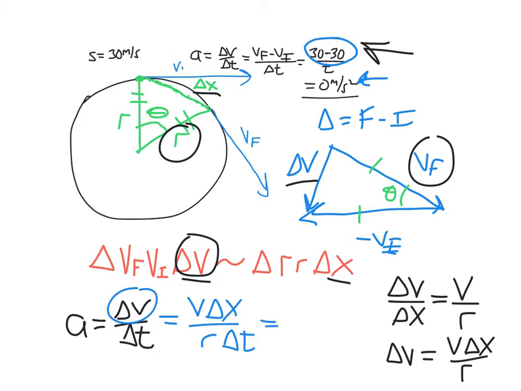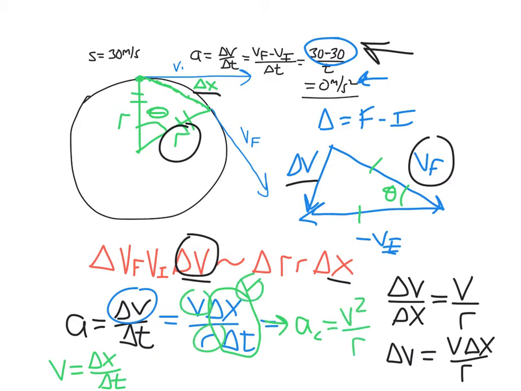We have this delta x over delta t piece. And what is delta x over delta t? Well, remember, that's the definition of velocity. Velocity is delta x over delta t. So that's another v. So what we get from all this is that the acceleration when you're going around a circle is v times v over r, or v squared over r. And that's what we're going to use to solve for the acceleration in these problems.